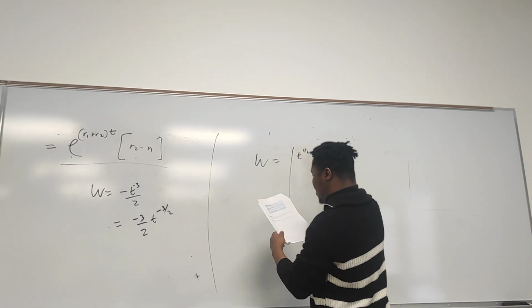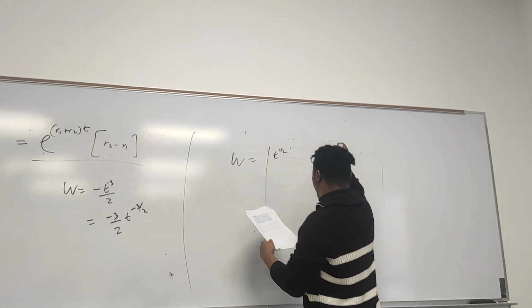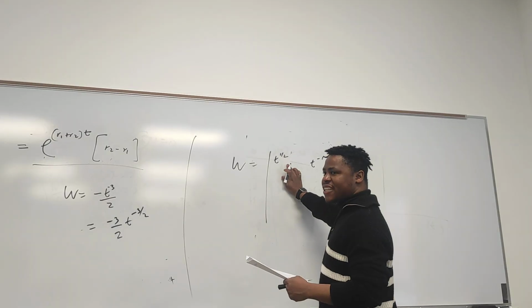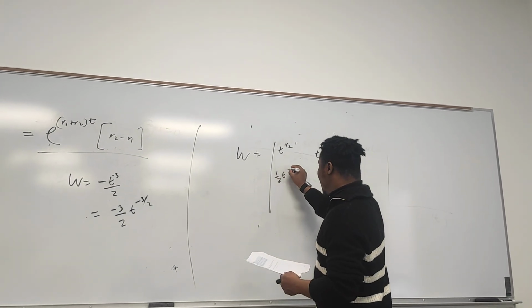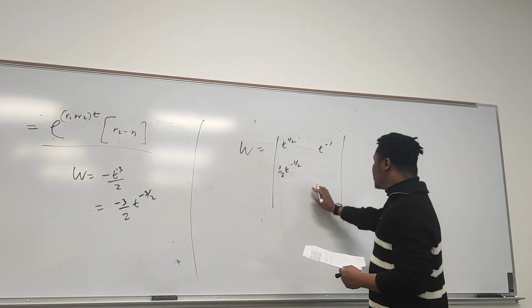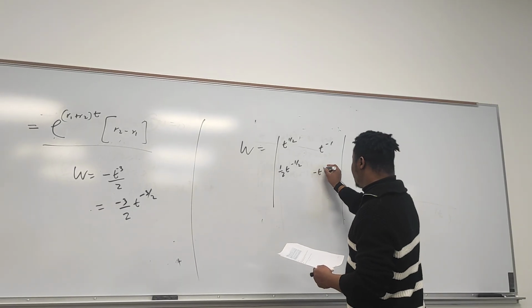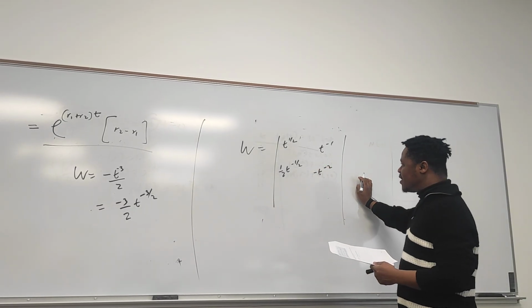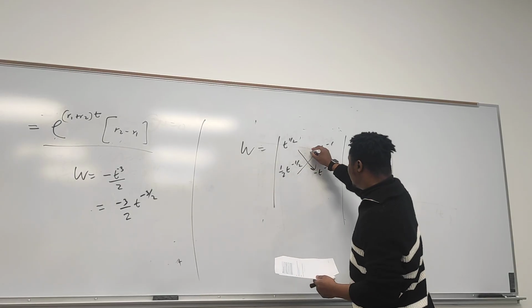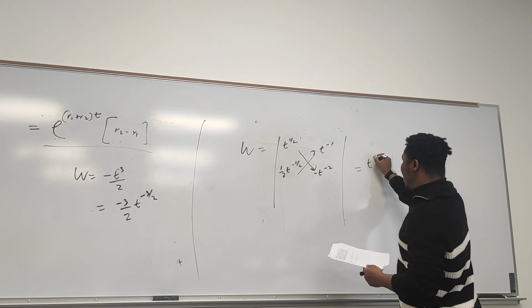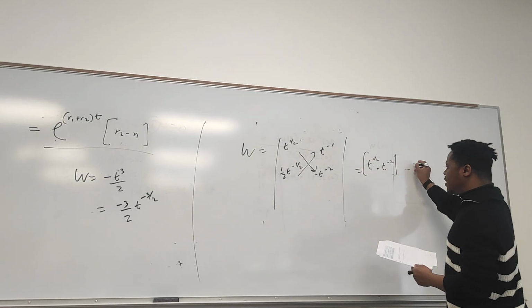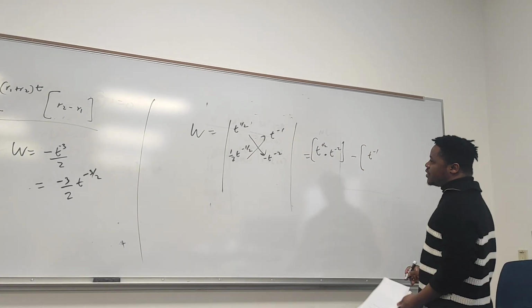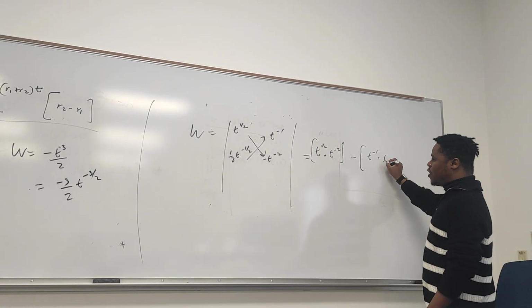t over 2, right? t minus 1. So when you differentiate this, what do you get? That's 1 over 2 t minus 1 over 2, right? Yes. This one becomes minus t minus 2. So that becomes t over 2 multiplied by t minus 2, minus, this becomes t minus 1 multiplied by 1 over 2t minus a half.